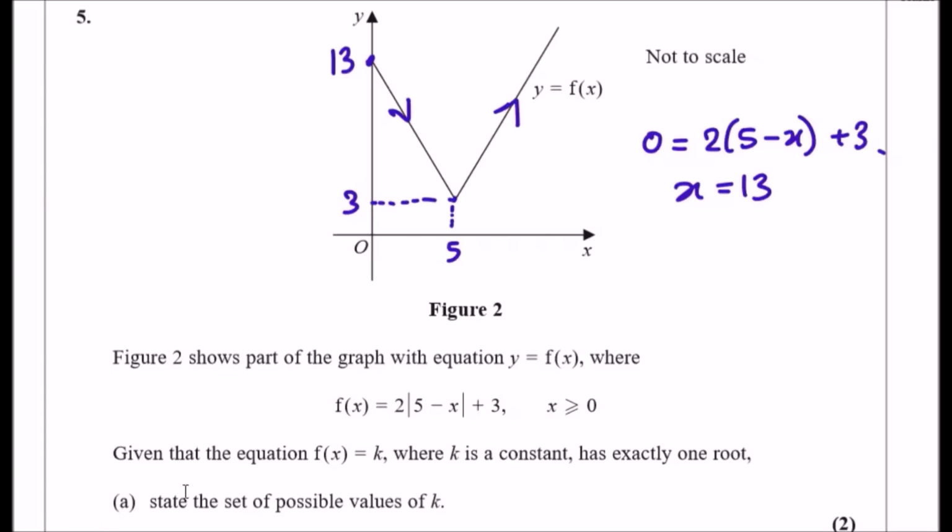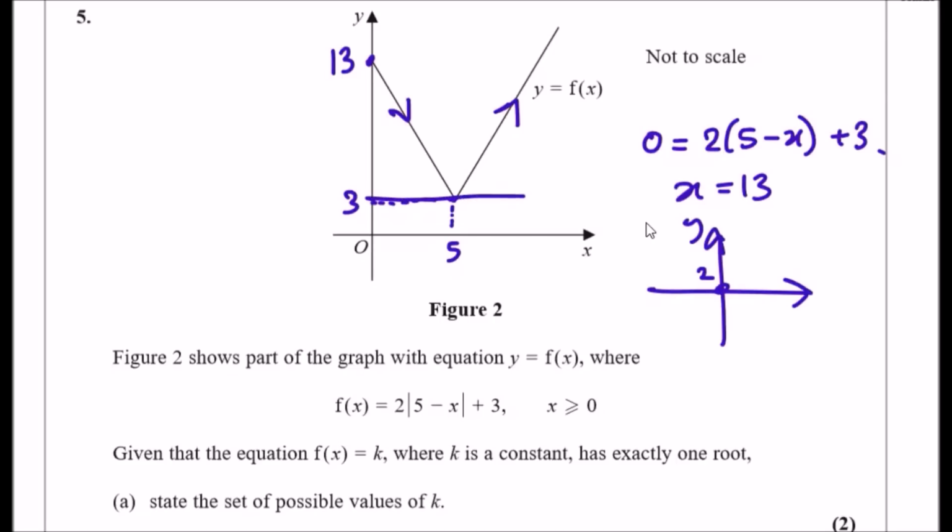It tells us to state the set of possible values of k, knowing that the function f(x) equals k has exactly one root. When it says f(x) equals k, it means literally a straight line cutting the y-axis. It could be anywhere, say f(x) equals 2. So the only place where it could hit a single place will be firstly at 3.